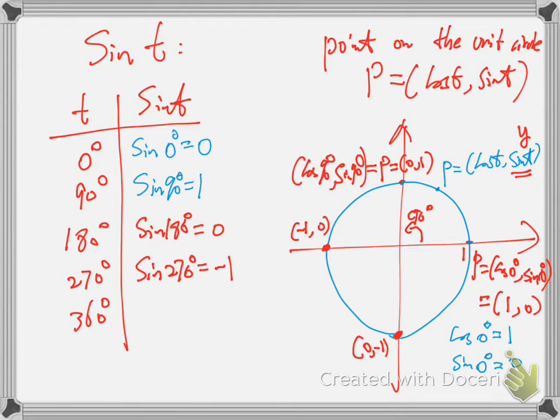Finally, we go back to the initial side, the positive x-axis. The y part is 0, so sine 360 is 0. So that's our 5 points for the sine curve.